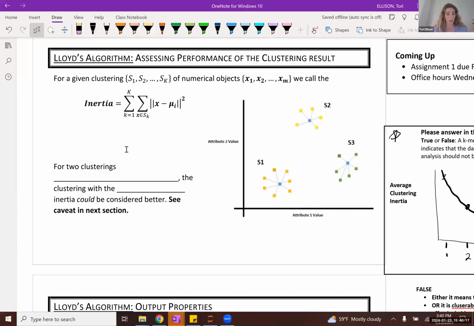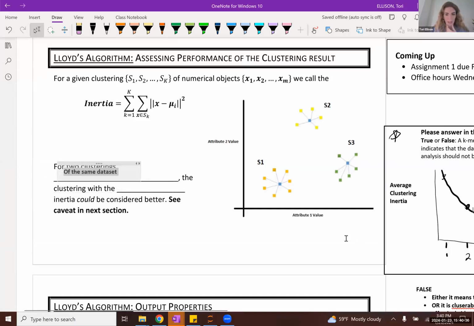And another thing that we want to think about is that if we are going to use the inertia to compare the, let's just say, quality of two clusterings, we want to make sure that we're just comparing the inertia of clusterings performed on the same data set.